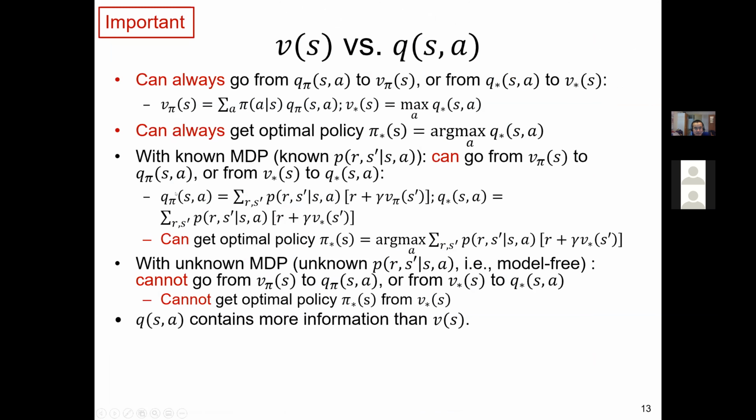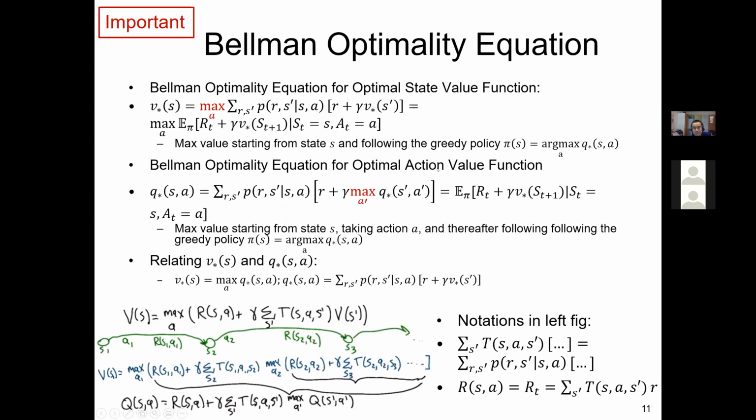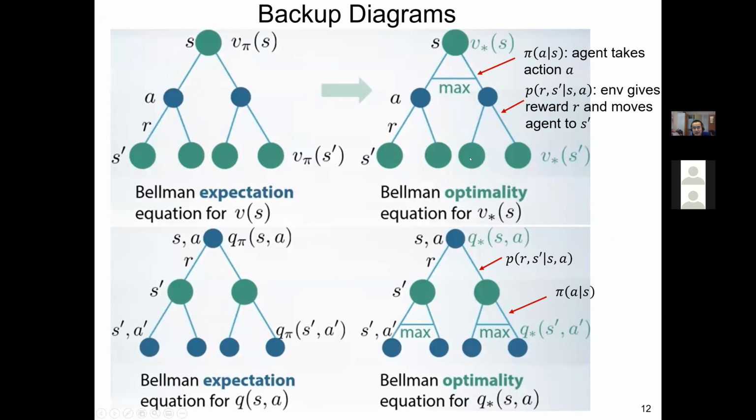Because these equations involve this term P, which is the MDP model. So if P is unknown, you cannot do this transformation. Here, you're trying to back up from the green node back to the blue node.